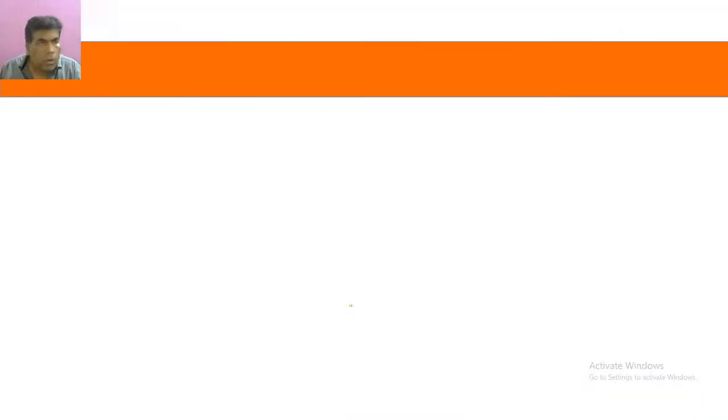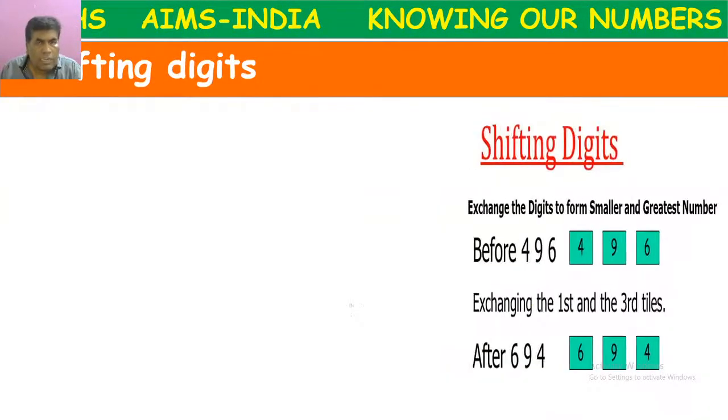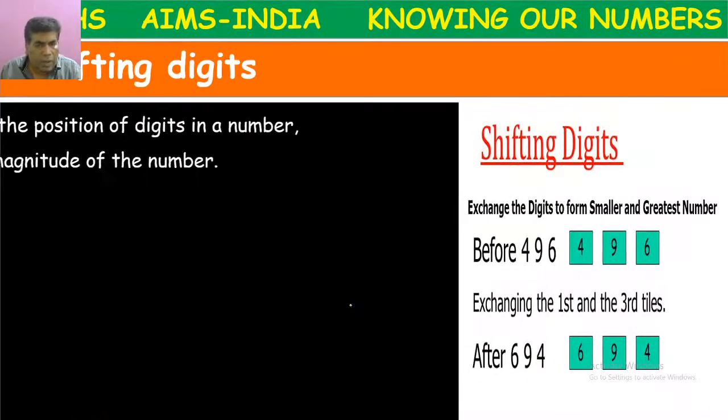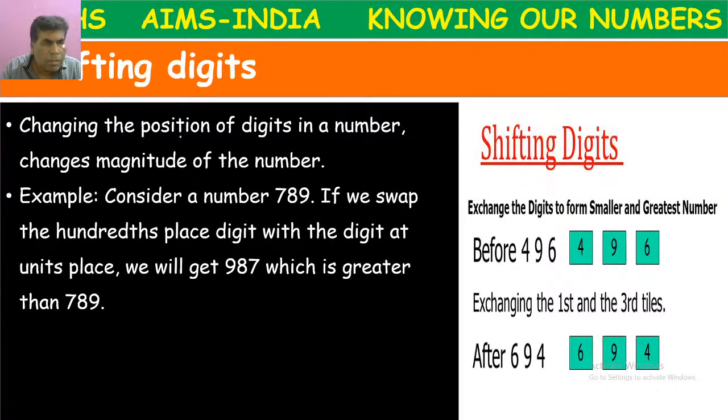So not only forming numbers, we can also shift the digits. Suppose you have 496. If we interchange the places, it will change into 694, or we can also write it as 964.